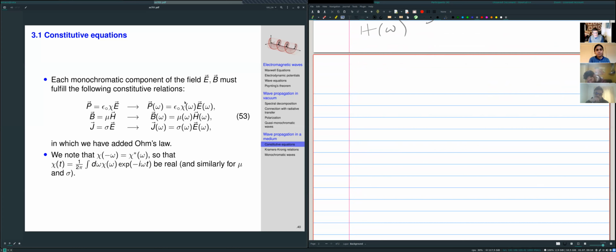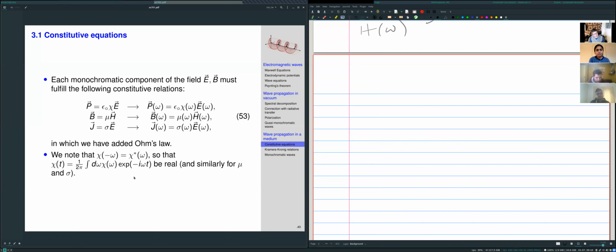Each of these quantities, chi, mu, and sigma, must be real. For instance, here for the electric susceptibility, then we need this hermiticity relationship, so that the total signal as a function of time is real.